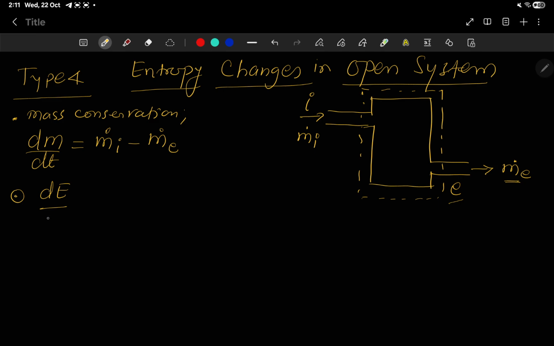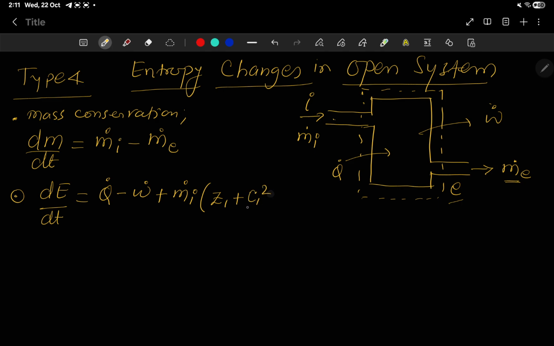system. So this is dE by dt, this will be equals to q dot, and suppose this is q is interacting and the work done by the system is W. This is rate, so this is this minus this plus m dot inlet, plus z1, the height from this base to this point is z1, plus c1 square by 2.